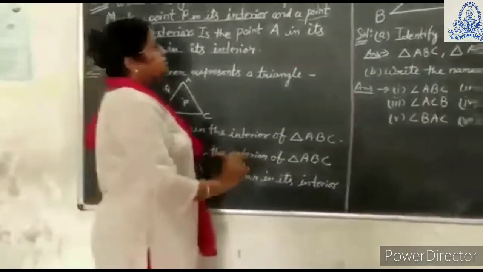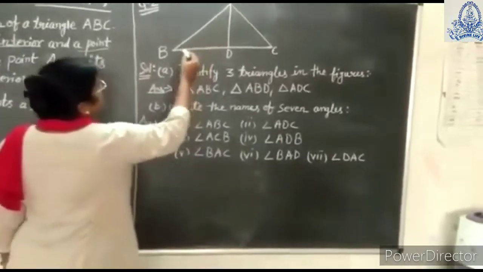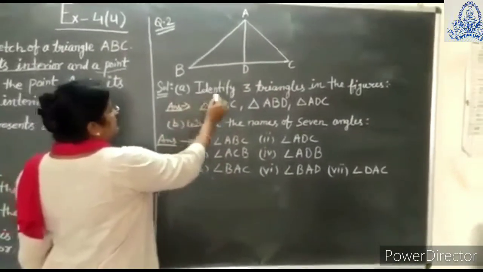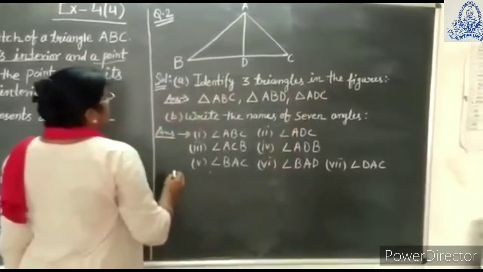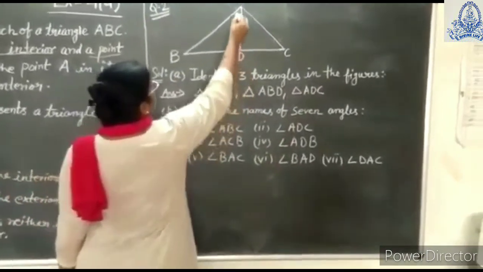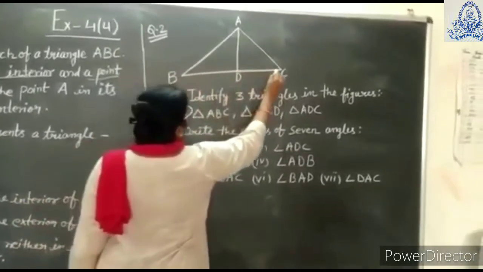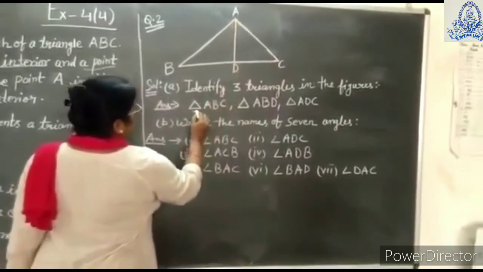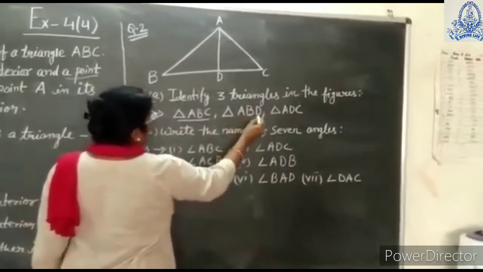Let's continue with question number 2. This one is the figure of a triangle. Now first question is identify 3 triangles in the figure. You see here, first triangle is A, B and C. Second one is triangle ABD.